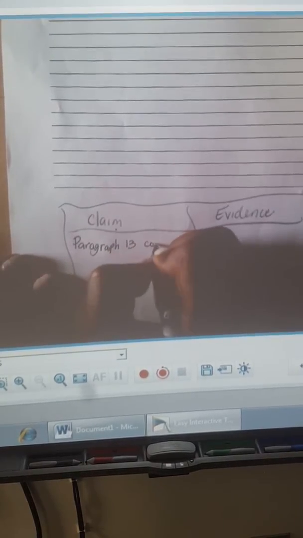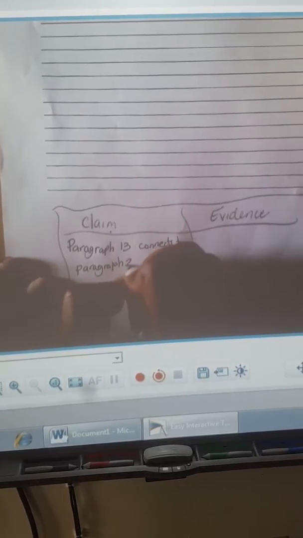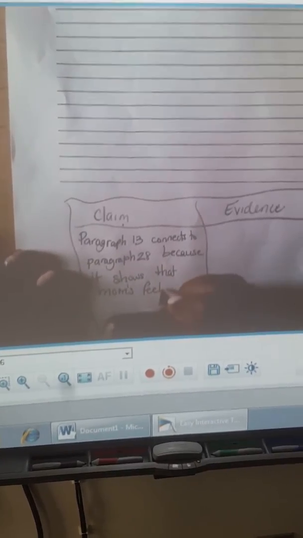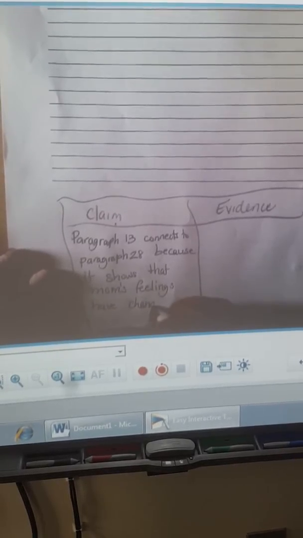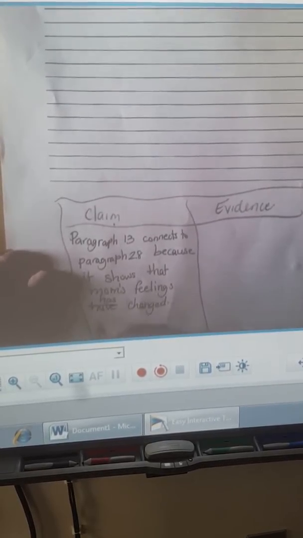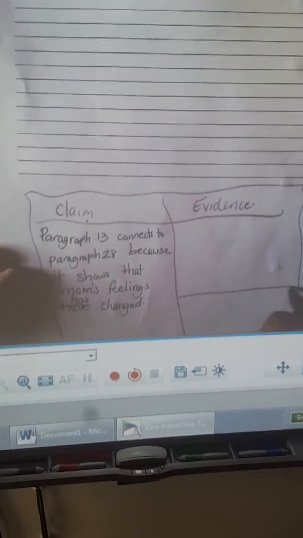So paragraph 13 connects to paragraph 28 because it shows that mom's feelings have changed, or has changed. And then I can take it a step further.